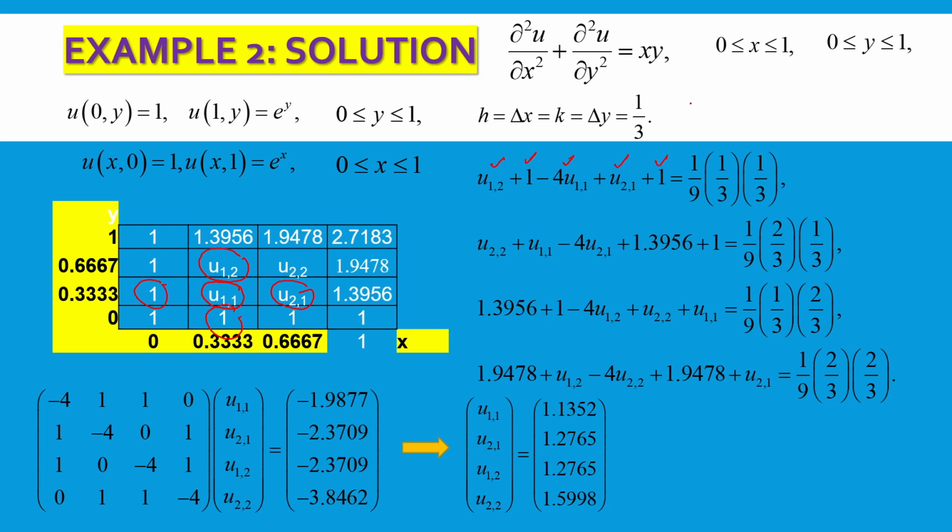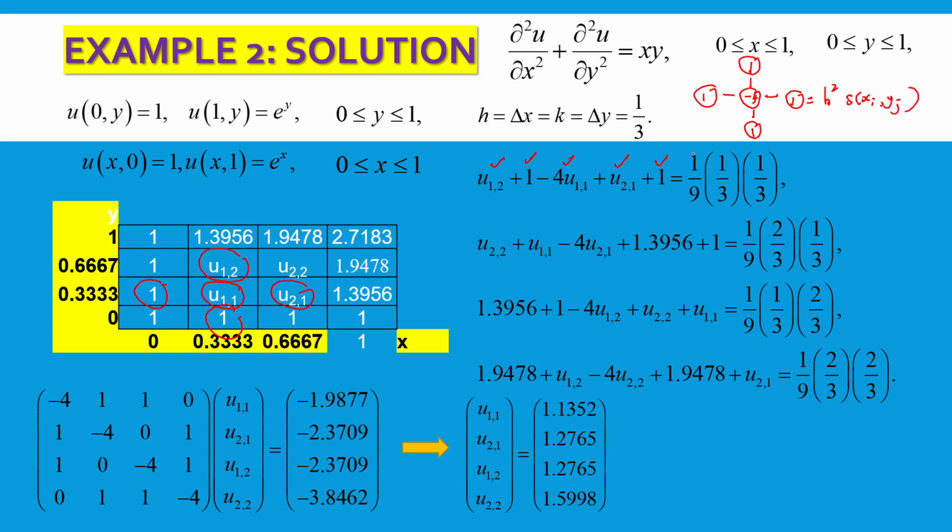Remember, the molecule has 1, center minus 4, left 1, right 1, bottom 1, equal to h squared times your s(xi, yj).